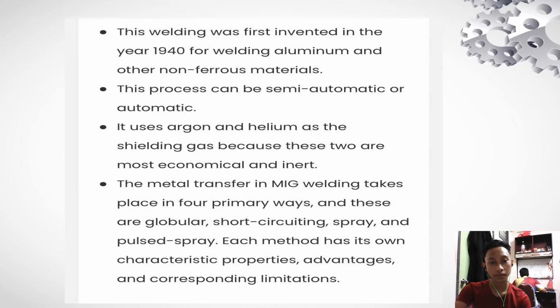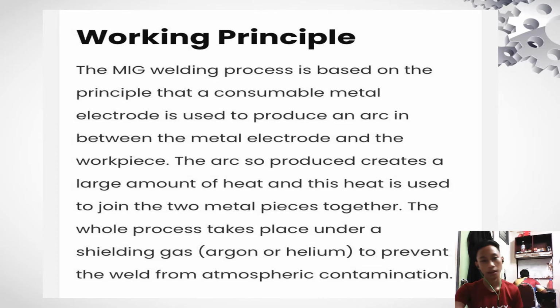The metal transfer in MIG welding takes place in four primary ways, and these are globular, short-circuiting, spray, and fast spray. Each method has its own characteristics, properties, advantages, and corresponding limitations.